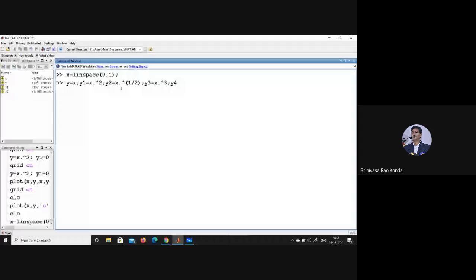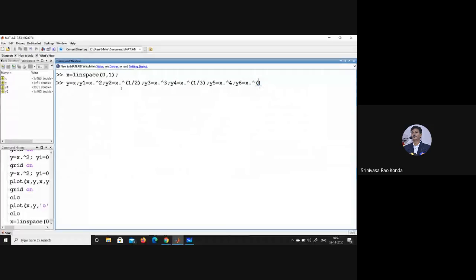This is y2. Next, y3. y3 is equal to x cube, x.^3. y4, x.^(1/3). y5 is equal to x.^4, y6 is x.^(1/4).